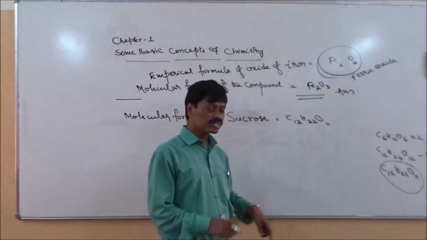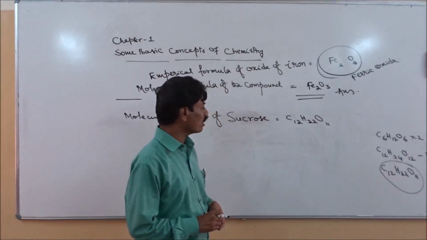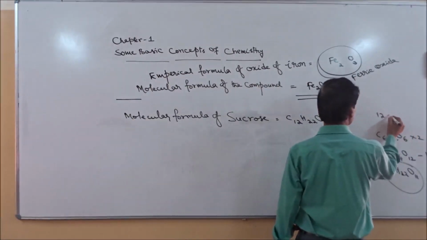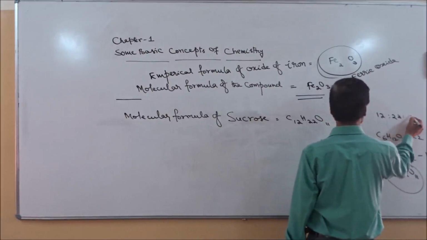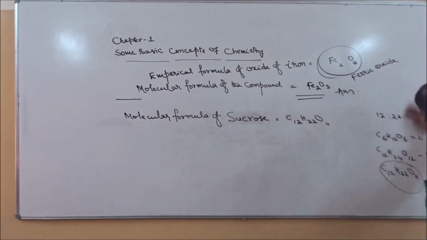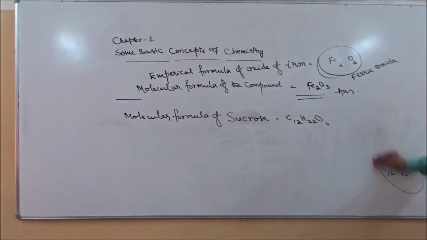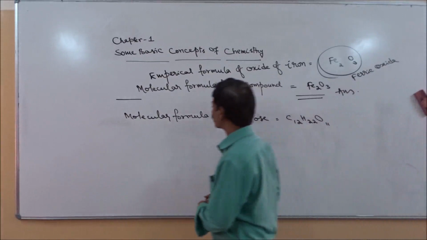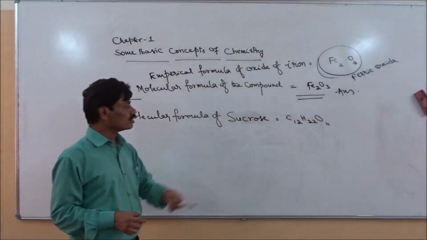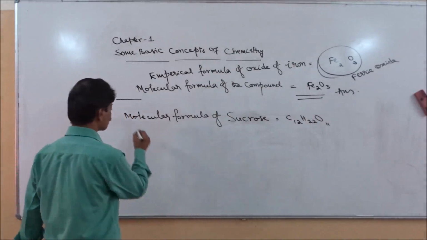Now if we take the ratio of carbon, hydrogen and oxygen, in this case it is 12 is to 22 is to 11. This is the ratio, and this ratio cannot be further decreased. Right? Therefore, the molecular formula of sucrose is equal to its empirical formula.